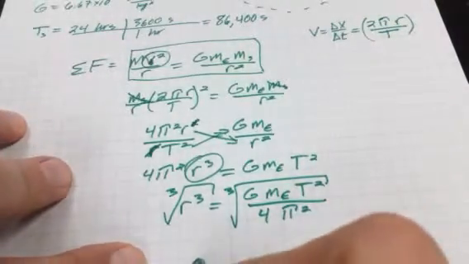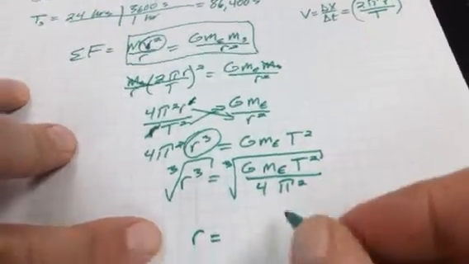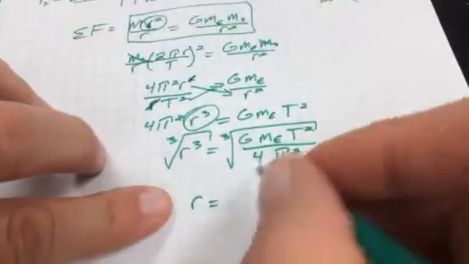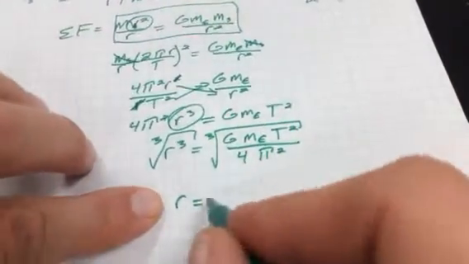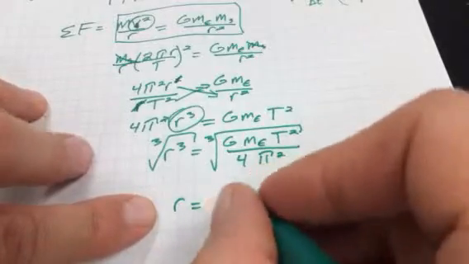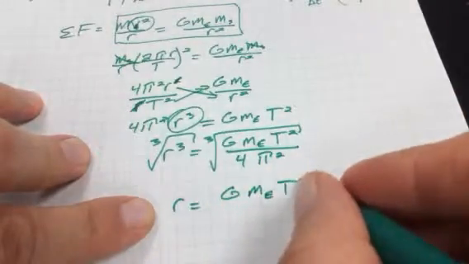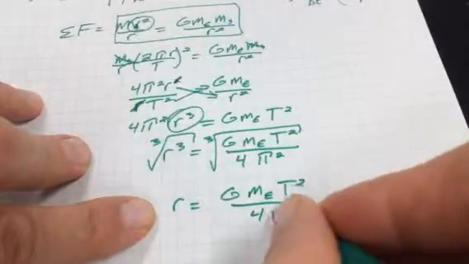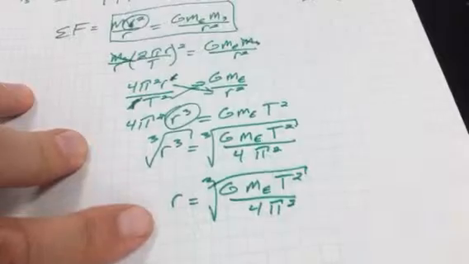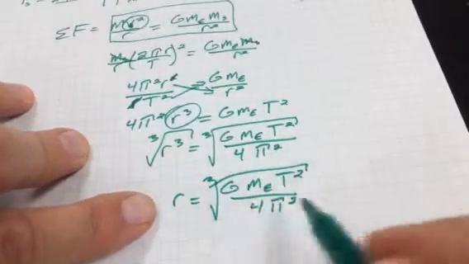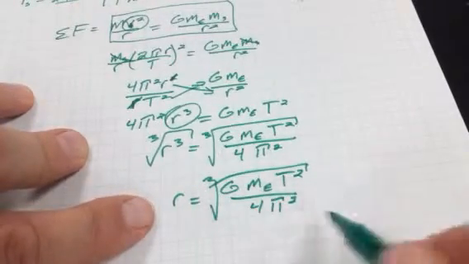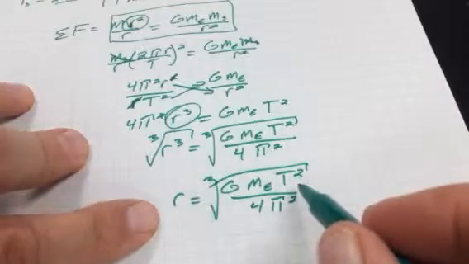So when it's all said and done, the distance that that satellite needs to be from the Earth, or from the center of the Earth I need to specify, is given by this expression over 4 pi squared, and we have to take the cube root of all of that. And then it's a matter of plug and chug. I plug in the variables and pop out my number.